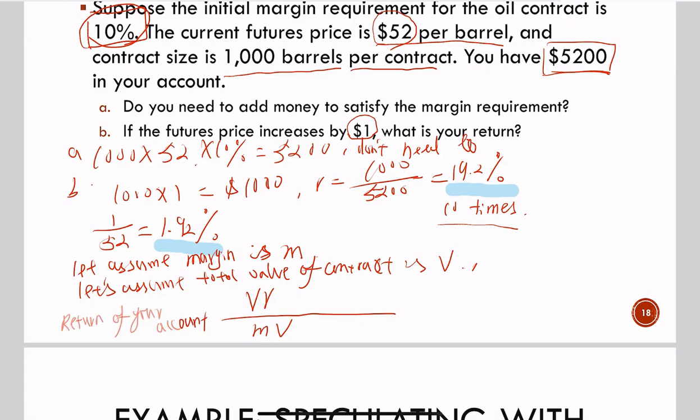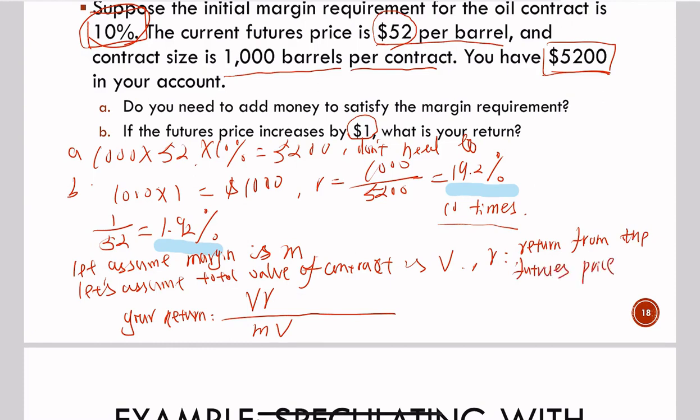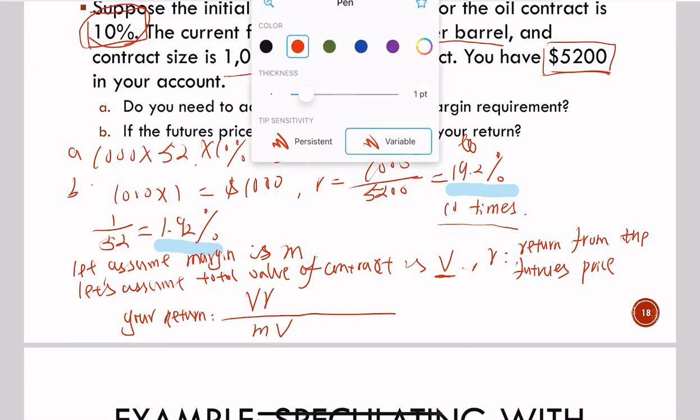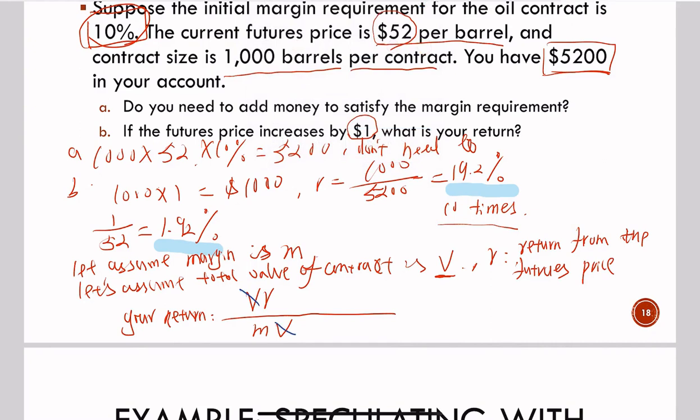You know what? The name is just too long. So this is your return. Okay, let me again tell you these notations. R is the return from the futures price, V is the total value of the contract, and M is the margin requirement. So you can see that these two V's would just cancel with each other.